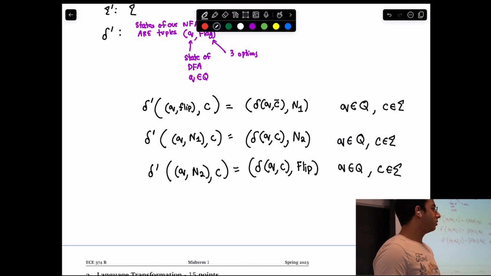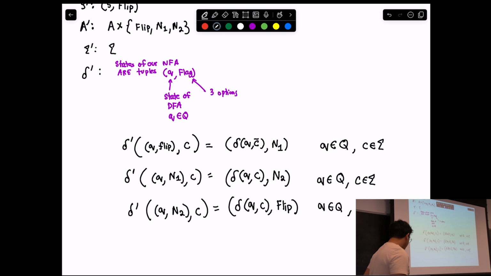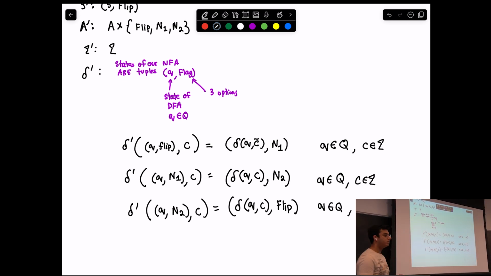Questions? Yeah. Could you create a regular expression that's representative of doing the XOR function and then intersect that with this language to prove that they're both regular?